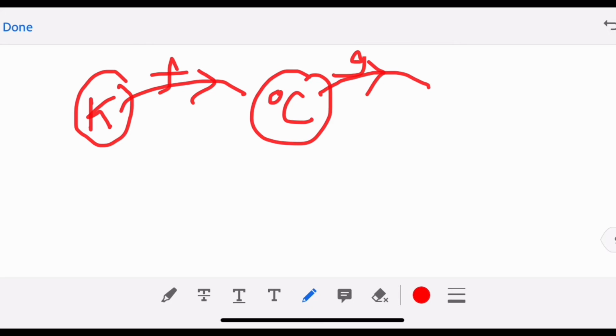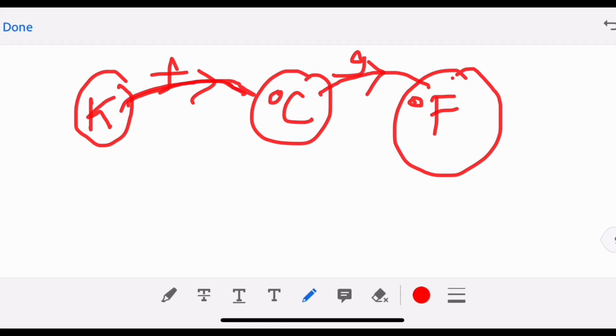You must understand this. They like to set questions like this nowadays. They like to use the mapping, okay, like this. So they want you to understand the concept. Okay, so that means there is a formula for you to convert from Kelvin to Celsius, and then there is another formula.